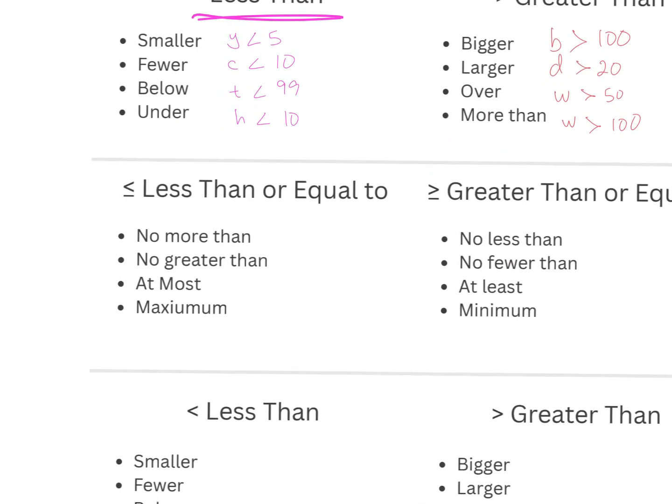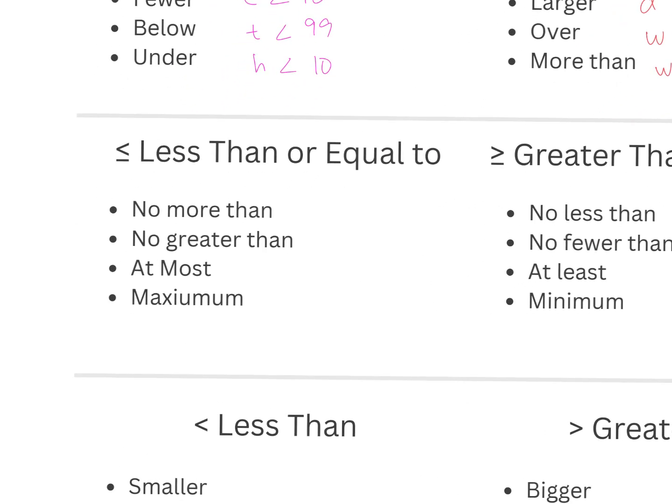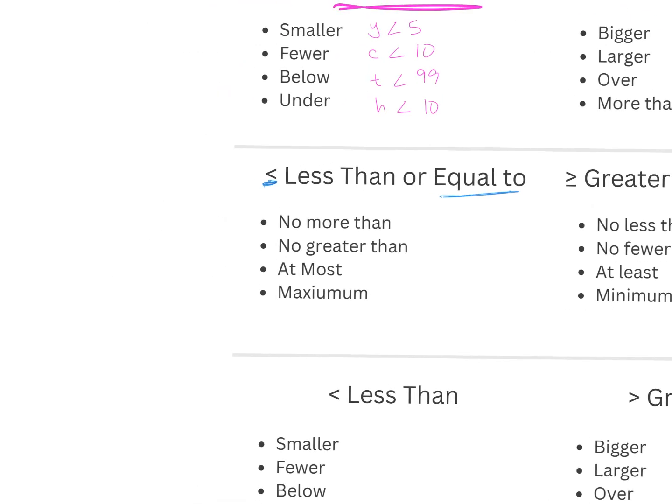That was so stupid, but I'm just trying to give you a quick example. All right, so now this whole equal to portion, it is less than or equal to. So this is like combining the less than symbol and the equal symbol, and voila, they come up with that.